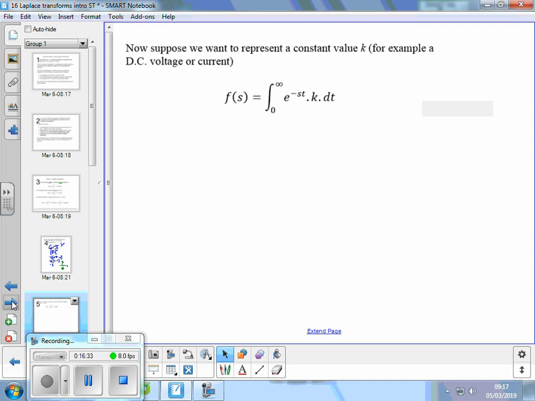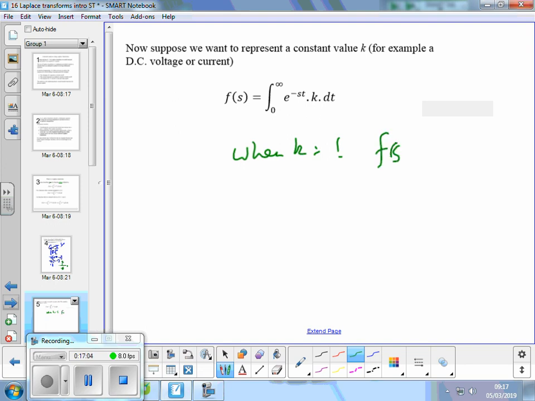So, like I said, if there's a constant k involved, we follow that process through. We know that when k equals 1, F of s is equal to 1 over s.